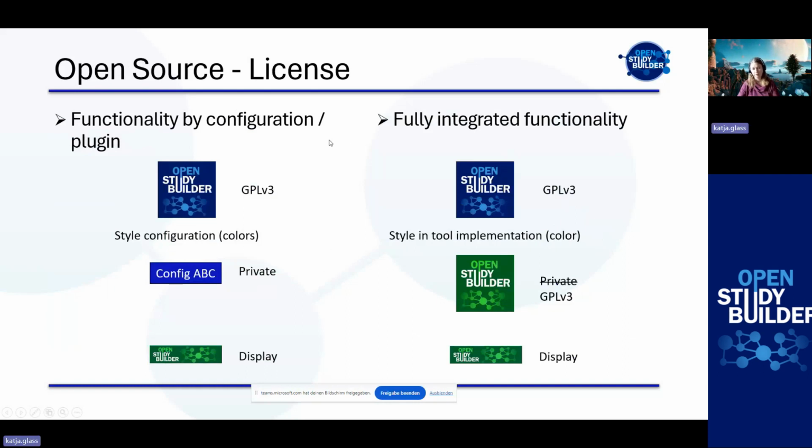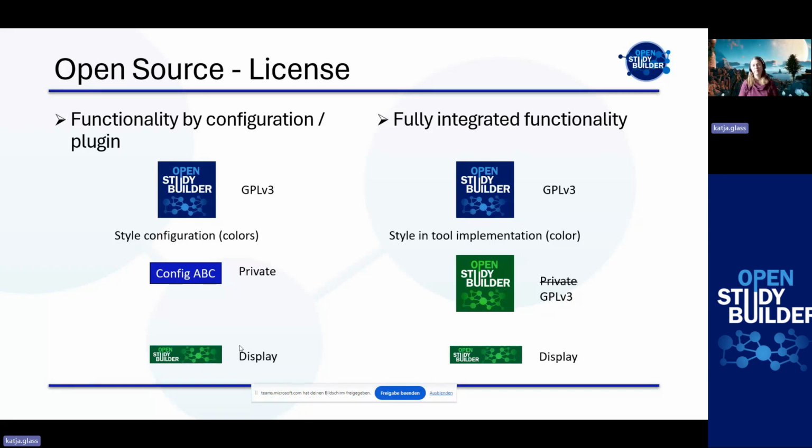Something I just want to point out: sometimes it's better to implement, for example, a new kind of configuration. So for example, it would be much better to implement a style configuration in the original solution. Then you can have your private configuration, for example, make it green, meaning that your complete application looks the way you want it to, but it's still one application and not two different tools.